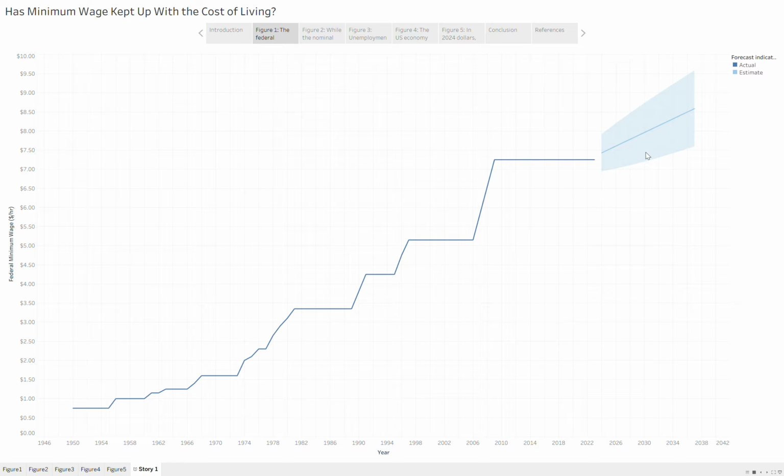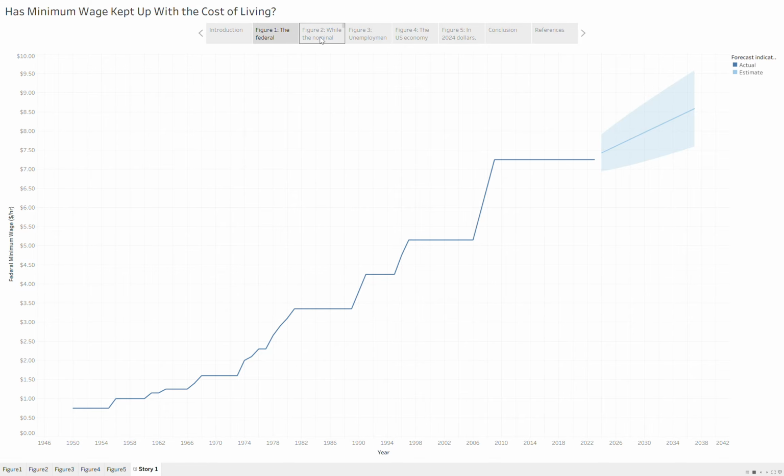As we look at this part right here, the Tableau forecast, we can see that there is potential for minimum wage to increase. However, using the confidence interval, it's also possible that federal minimum wage stays the same even through 2030.